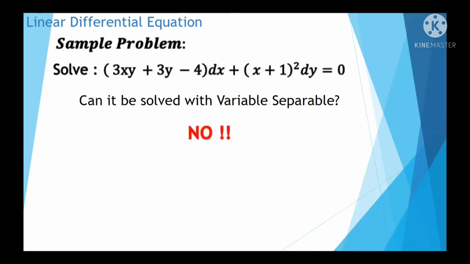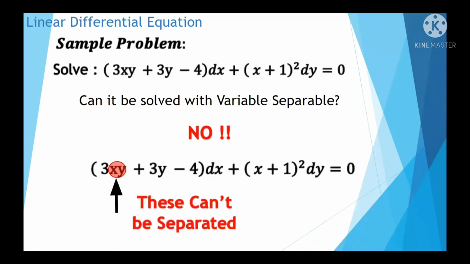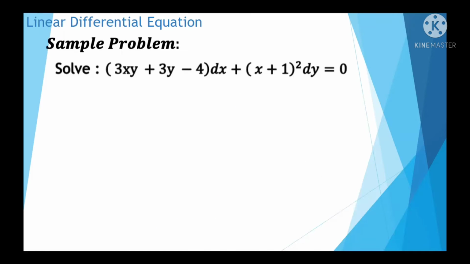No. So let's see if it's really a no. Looking at the equation, it can be solved by variable separable since we have 3xy here. We can separate that along with plus 3y minus 4 equation. Automatically, variable separable can be considered in solving this equation.